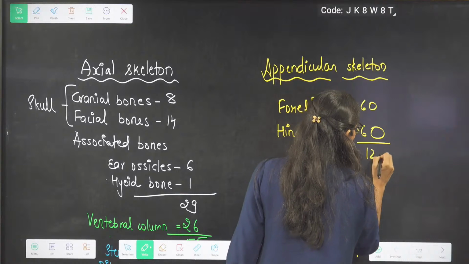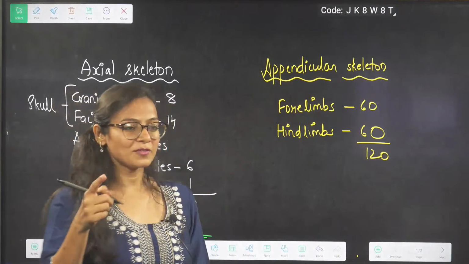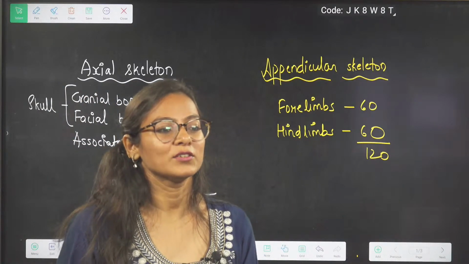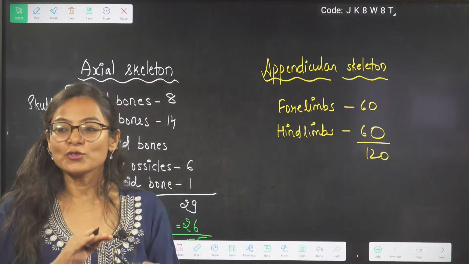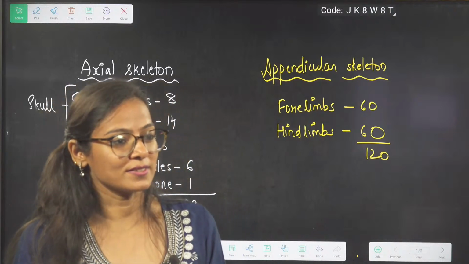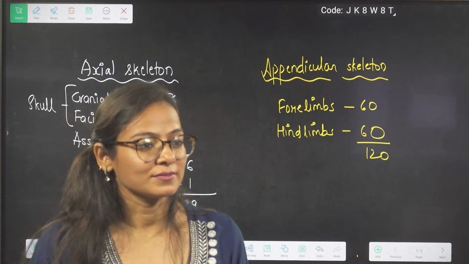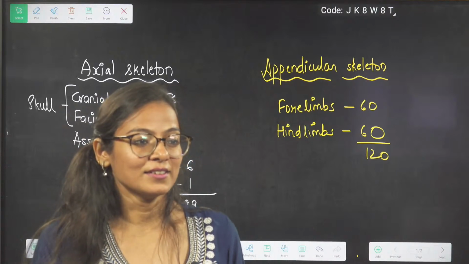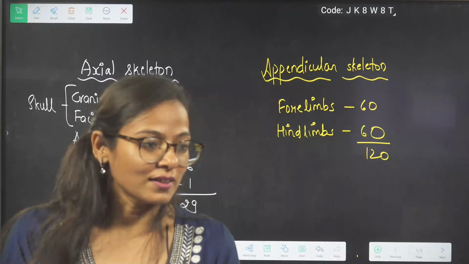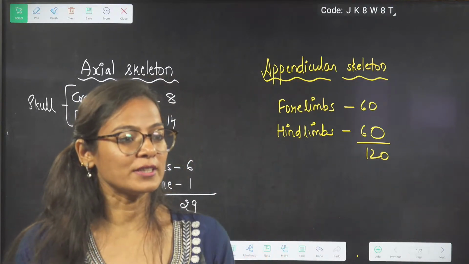So now 120, and previously here we got 80. So 80 plus 120 is equal to 200. So 200 bones we have done. How many are left now? 6. So now let's see where those 6 bones are. With that we'll complete the skeleton, and now you know the location of all these bones.